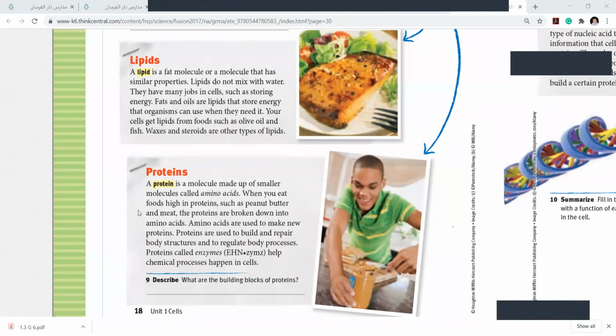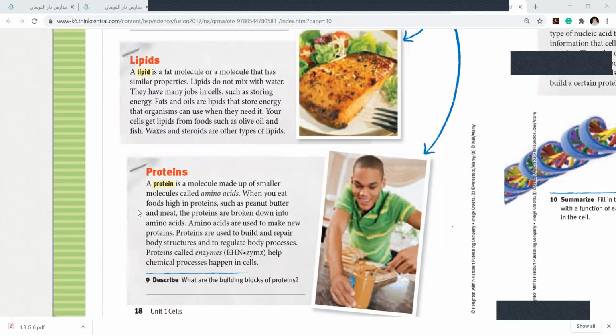Say me the function of carbohydrate. Store and? Anyone. Miss, the store and release energy. Store and release energy.